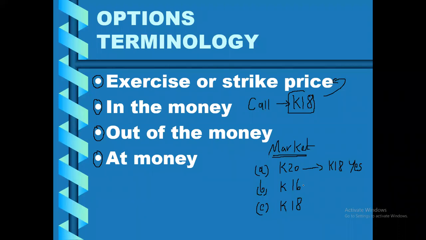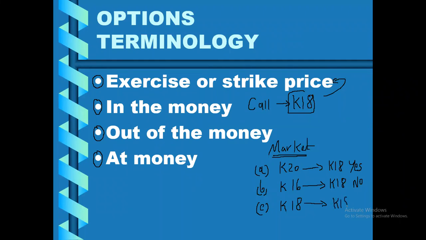What will be the next one? The price in the market is 16. Would you exercise your option to buy the dollars at 18 kwacha? The answer is no. This option is out of the money. What of when the price in the market is at 18 kwacha?